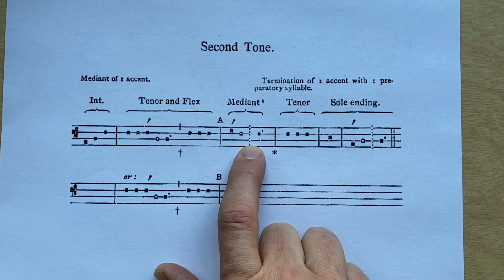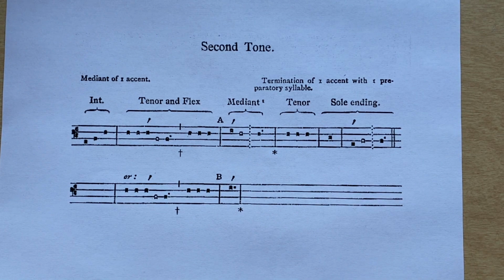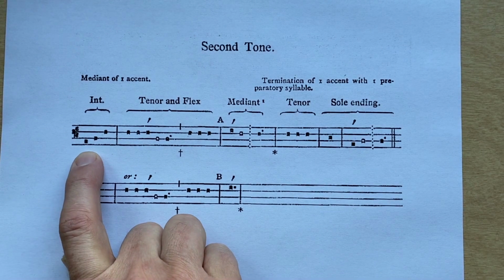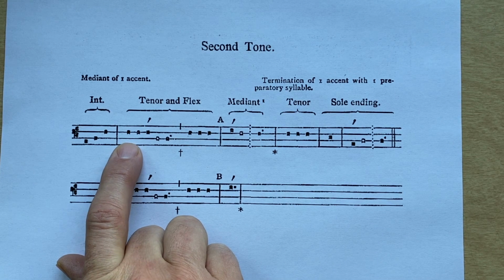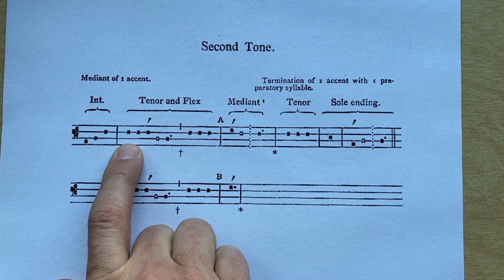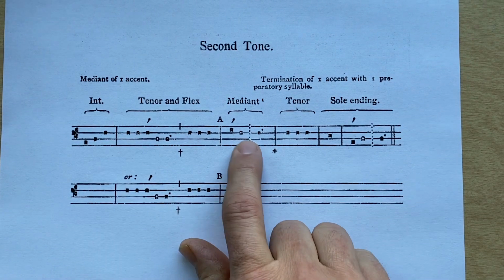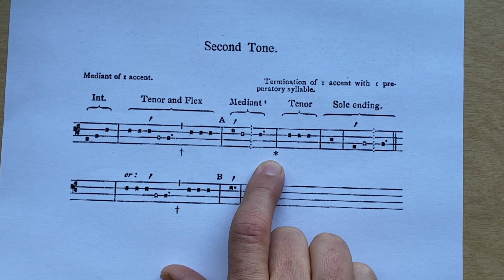So the mediant is what you sing at the halfway point of any particular verse or stanza in a psalm, depending on how it's arranged. So the idea is you go through the introit, you sing the majority of that first half on the tenor, and then depending on where the accents are, which we've covered in the pointing video, you move to the mediant, and this is the halfway point. This asterisk is the halfway point of any particular verse in a psalm.